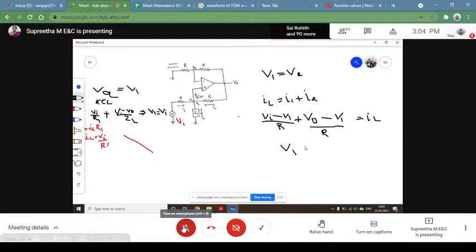So can you tell me what is V1? That is your potential at node 1. V1 is equal to (Vi plus V0 minus IL into R) divided by 2.